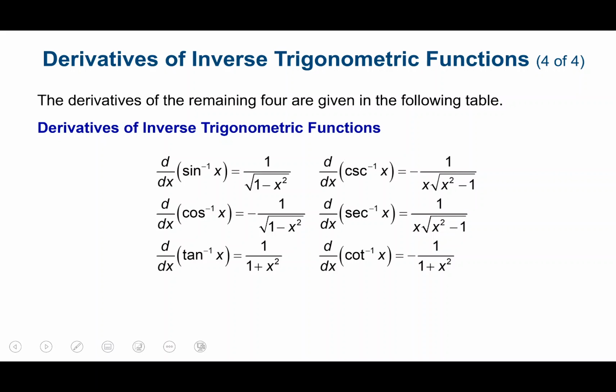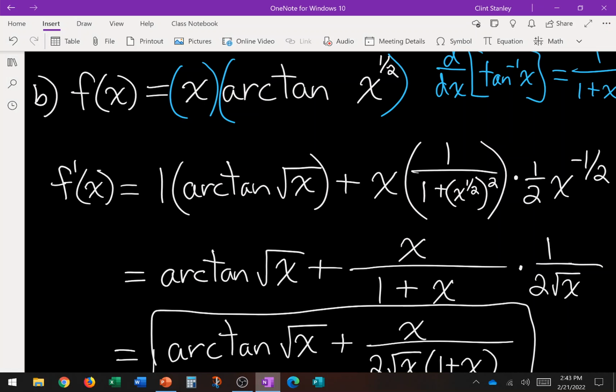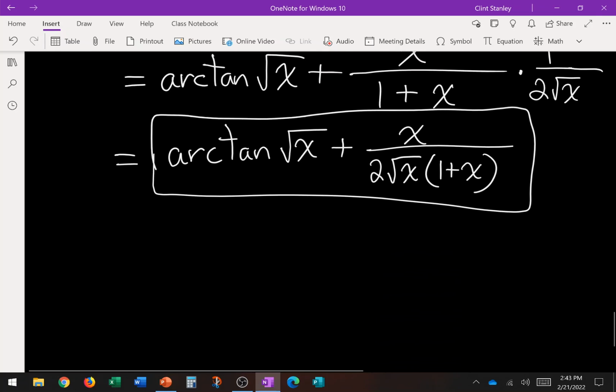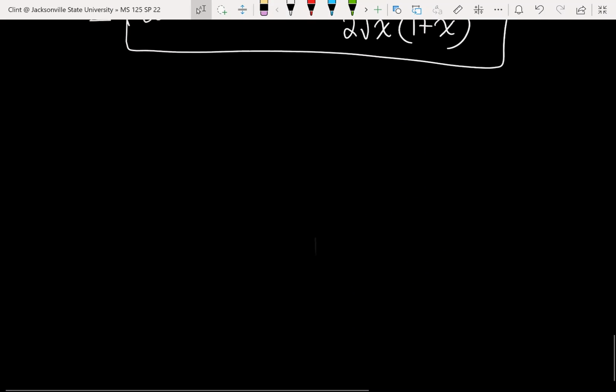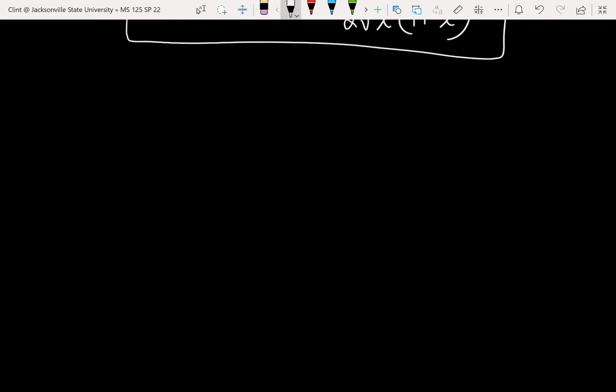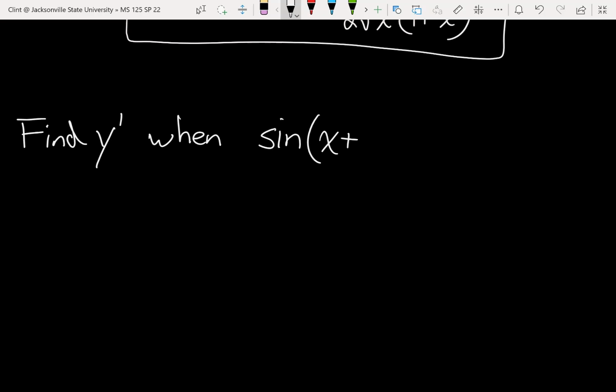All right, so let's look at a couple more here. And here we want to find y prime and sine of x plus y equals y squared cosine x.